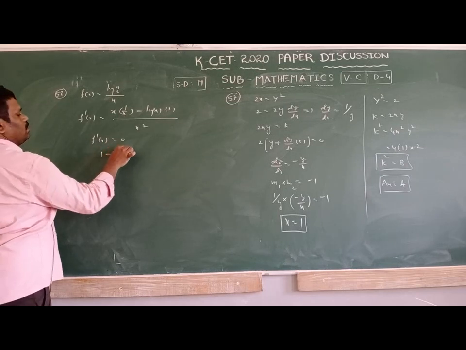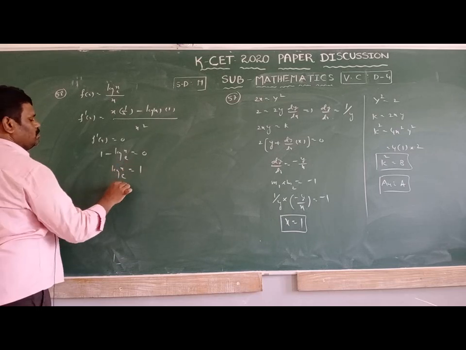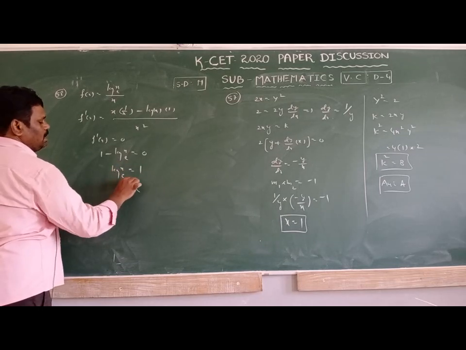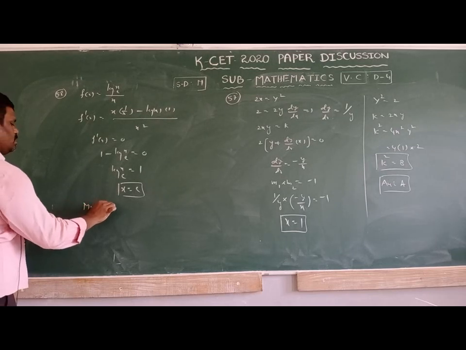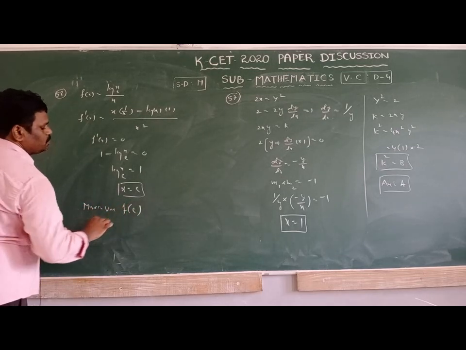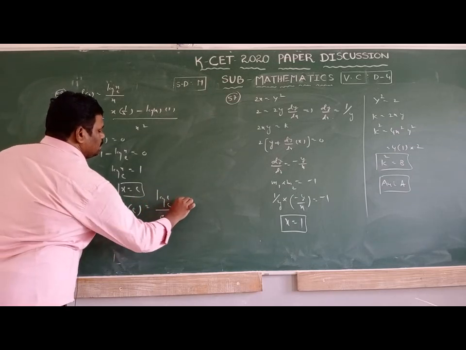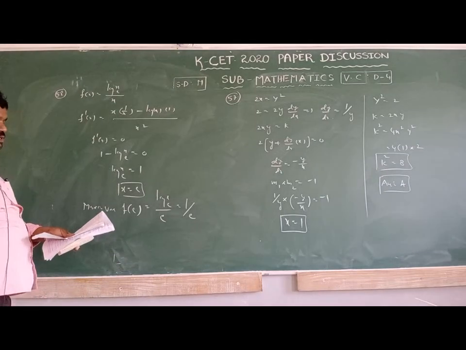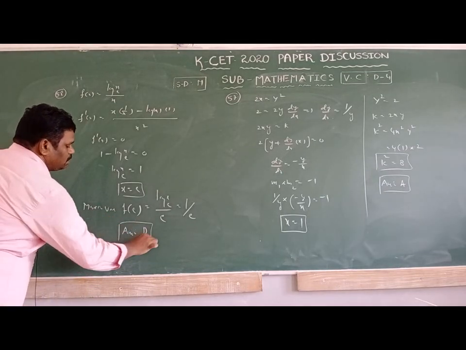So 1 minus log x base c is equal to 0, so log x base c is equal to 1, x is equal to e. So for the maximum value, we substitute into the given function: log e base c by e is equal to 1 by e. So which option is correct here? Answer is D.